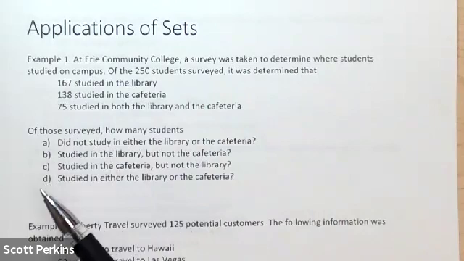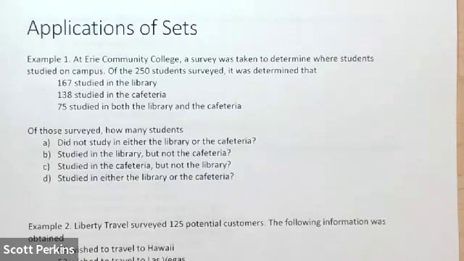So real simple problem, not a whole lot of options just because we are just learning how to do this. But if you remember from our last time what the different regions of our Venn diagram mean, then you shouldn't really have any sort of big issue with this.